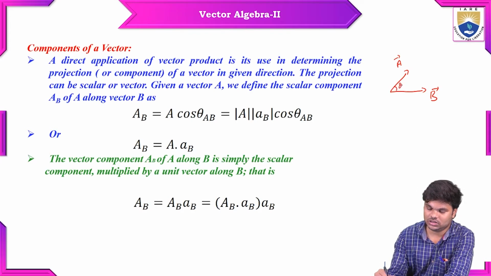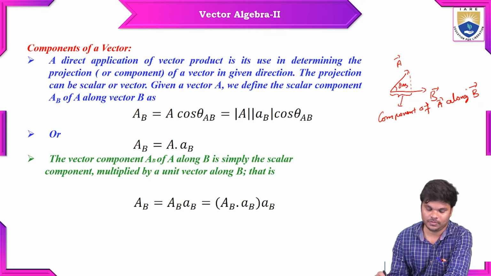And this is theta AB. If I draw a projection from A to B, from here to here, this is nothing but the component of A bar along B bar. And this one is nothing but A_B.